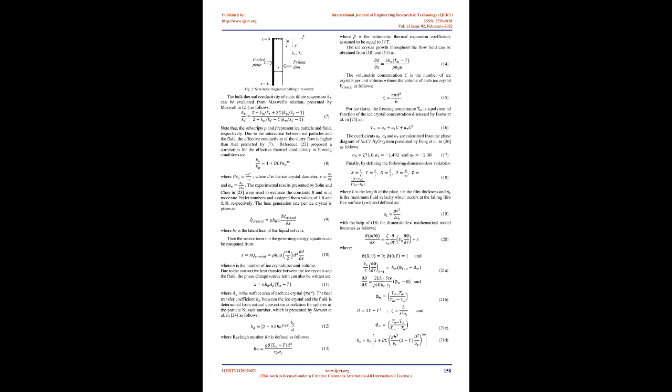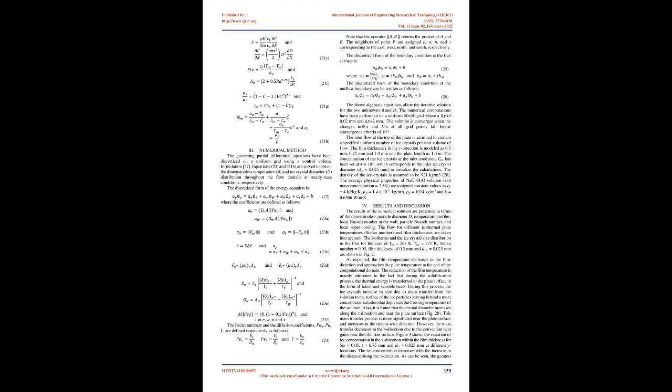The bulk thermal conductivity of static dilute suspension can be evaluated from Maxwell's relation, presented by Maxwell [21] as follows. (7) Note that the subscripts P and F represent ice particle and fluid, respectively.